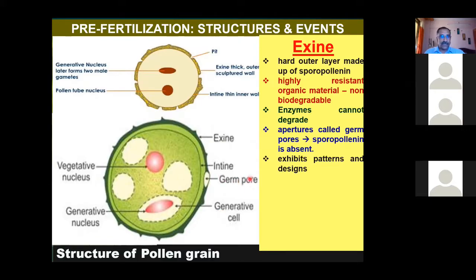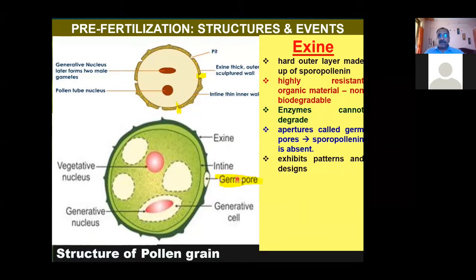Now you see this structure. This is the germ pore. I have already shown you the germ pore over here, here the germ pore, here the germ pore. And where you see this germ pore, the exine is not there continuously. Now why is this germ pore there?